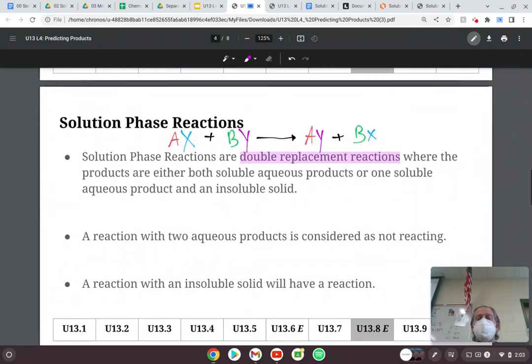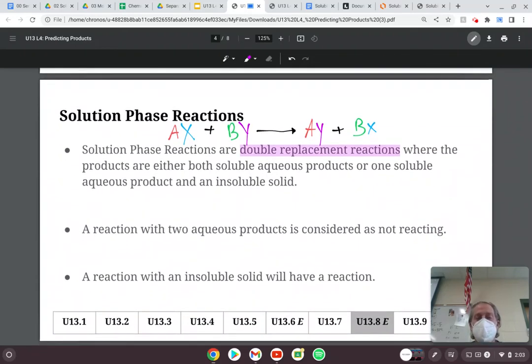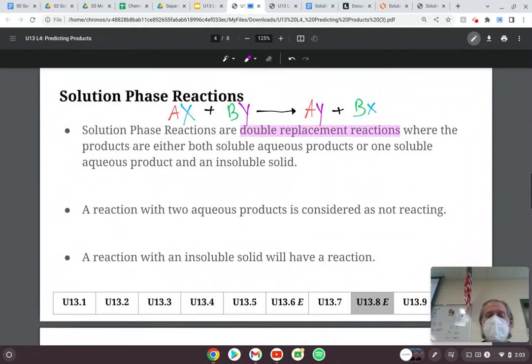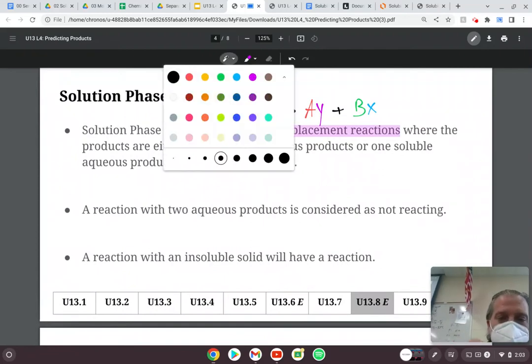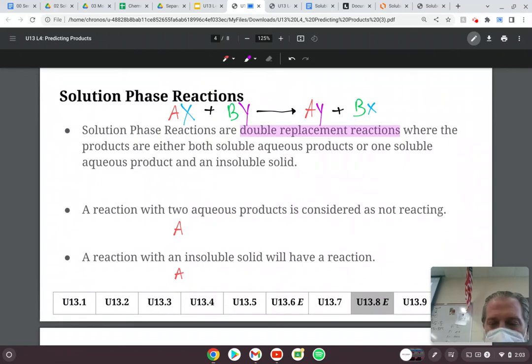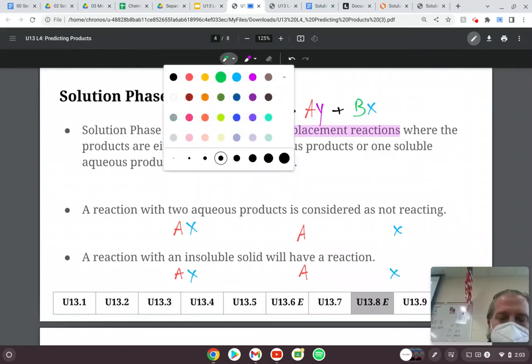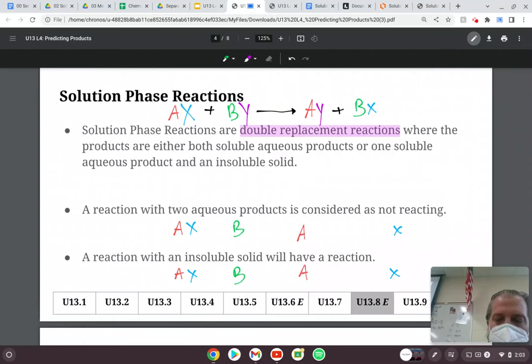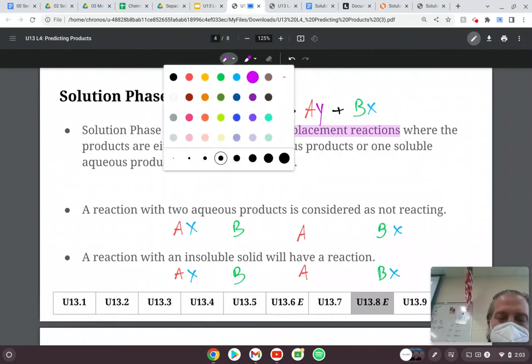And in a solution phase reaction, what we're really talking about is the products of these types of reactions. So if I quickly illustrate what I'm getting at here, this would be A, and then X, and then B, and then Y.